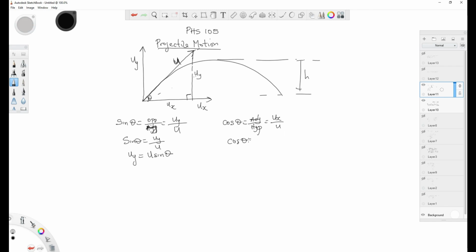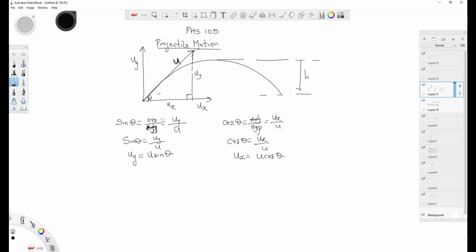So cos theta equals ux over u, then ux equals u cos theta. These are the first set of formulas that we need to understand for projectile motion, because some questions might require you to know the vertical component of a motion, and some might require you to know the horizontal component. This is the formula you use to get the vertical and the horizontal component.